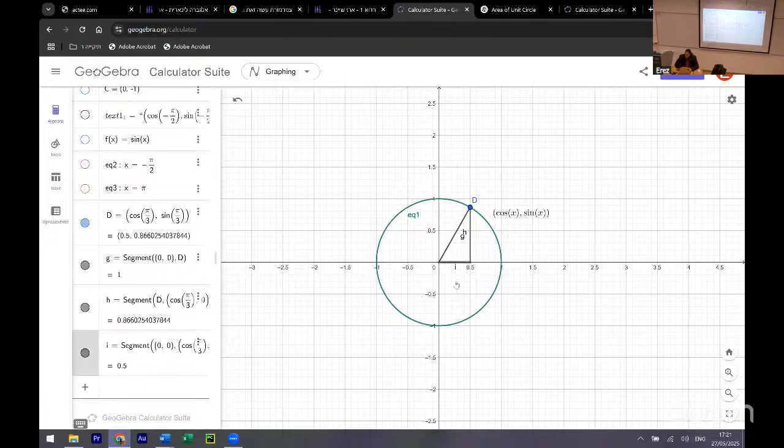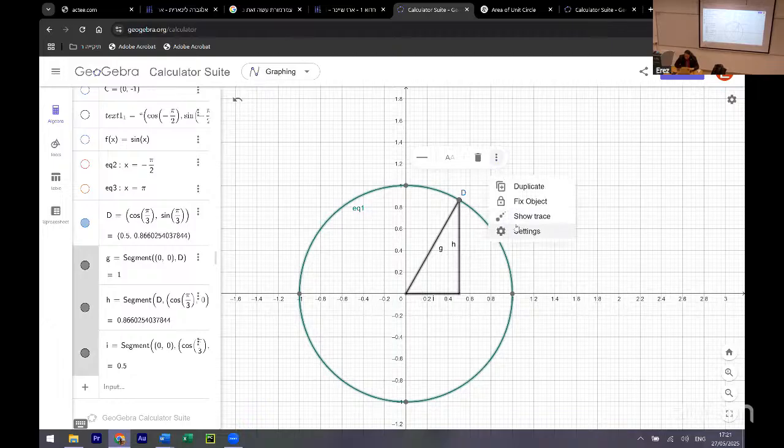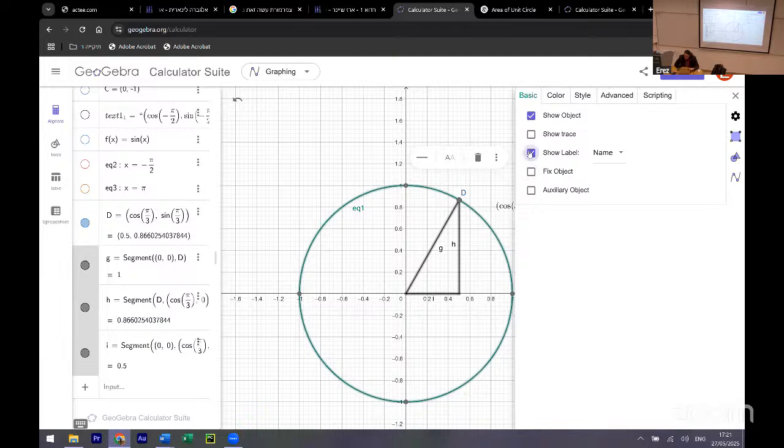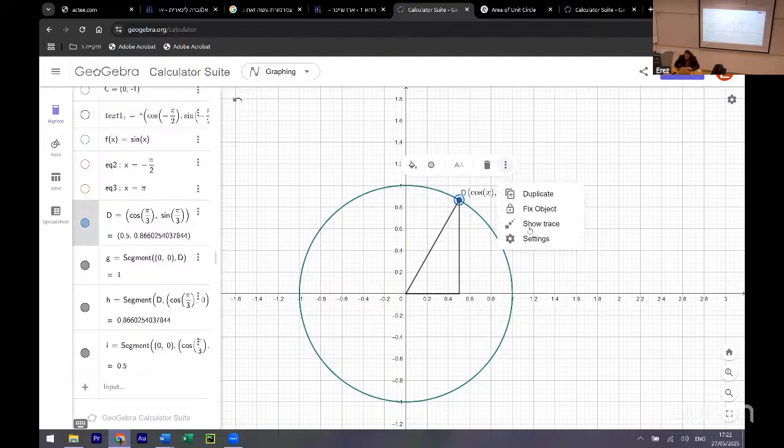Right? Let me get rid of all the H, G, I setting, label. Great. Okay, and now I can use the text. So let's get rid of the D as well. Okay.